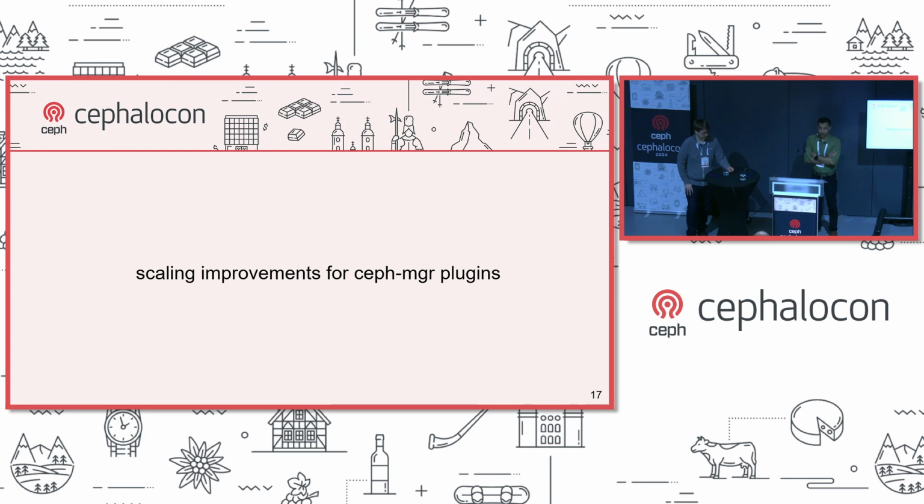Given that the volumes plugin essentially talks to a file system, it's a CephFS client that talks to the file system to support creating subvolumes, taking snapshots, deleting subvolumes, and a host of other operations.